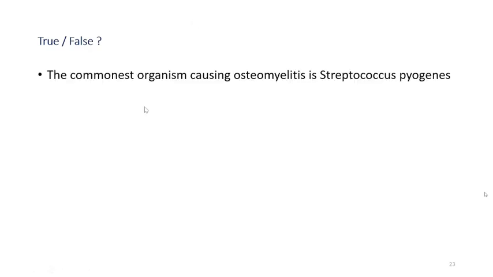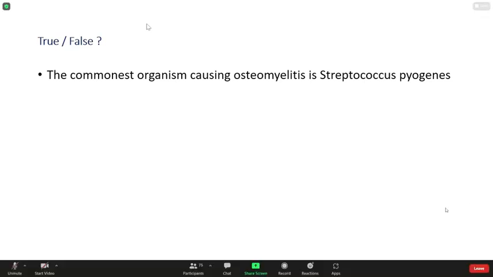So I have some true or false type MCQs. First one: the commonest organism causing osteomyelitis is Streptococcus pyogenes. Is it true or false? Who is going to answer? Staphylococcus aureus.